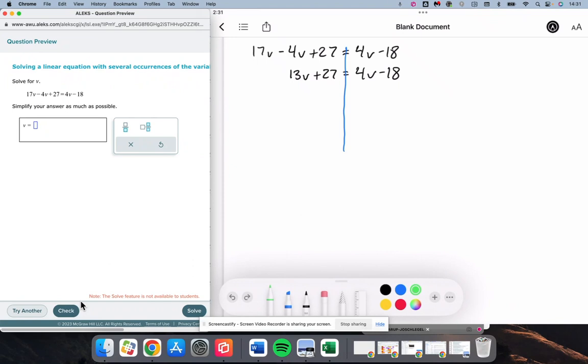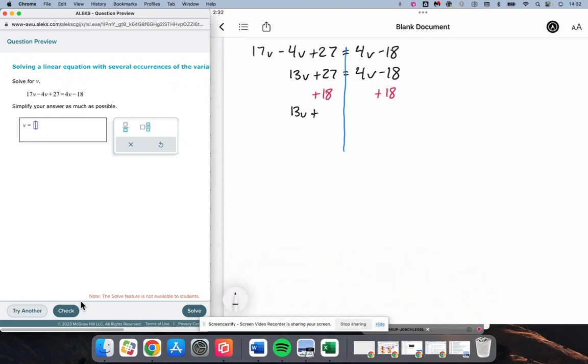I'm personally going to make the choice most of the time that is going to make the number positive, because I like dealing with positive numbers more than negative numbers. And so I'm going to choose to add 18 to both sides. That's going to give me 13v plus 45 is equal to 4v.